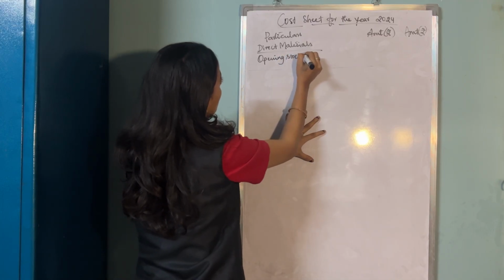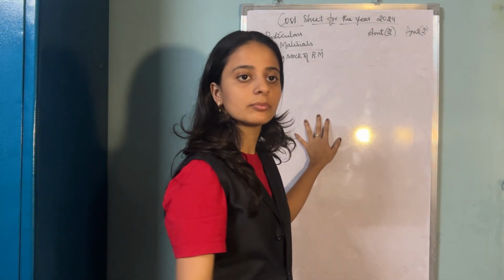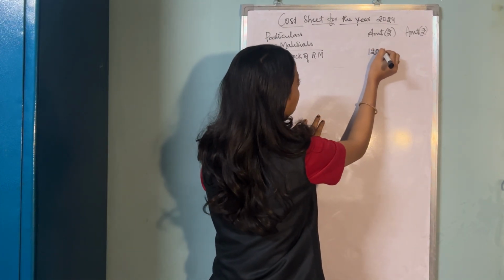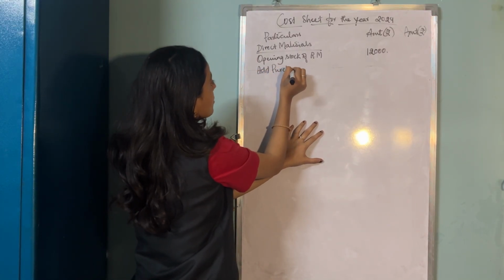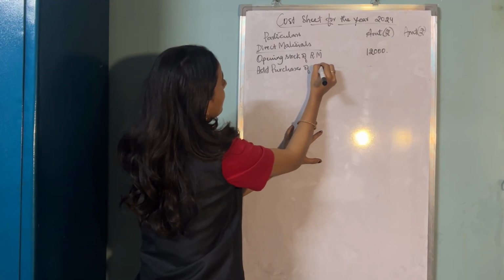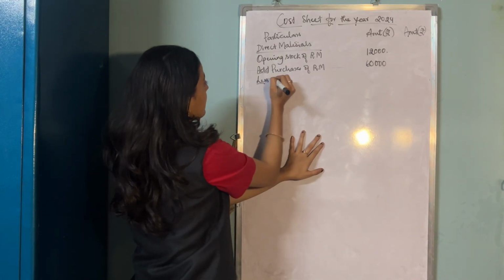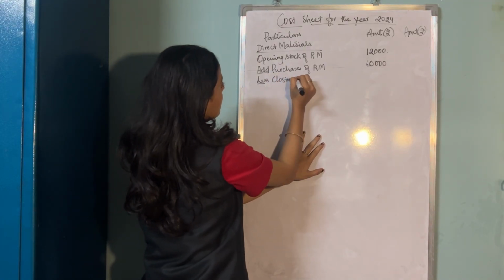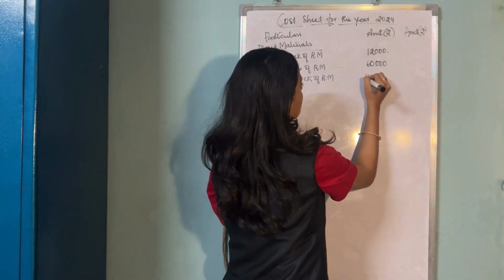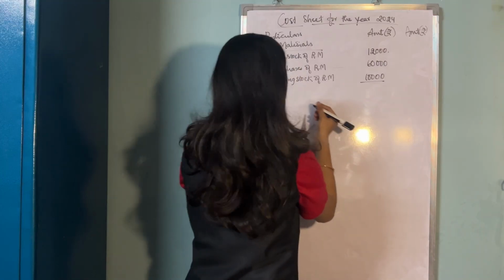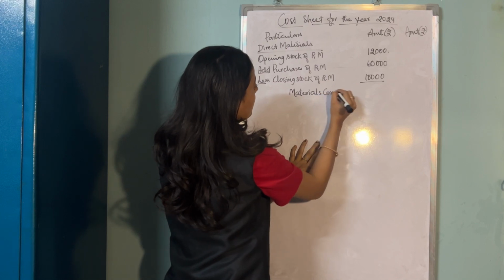Opening stock of raw materials is given. How much is that? Rupees 12,000. Add purchases of raw materials 60,000. Less closing stock of raw materials, rupees 10,000, results in materials consumed.